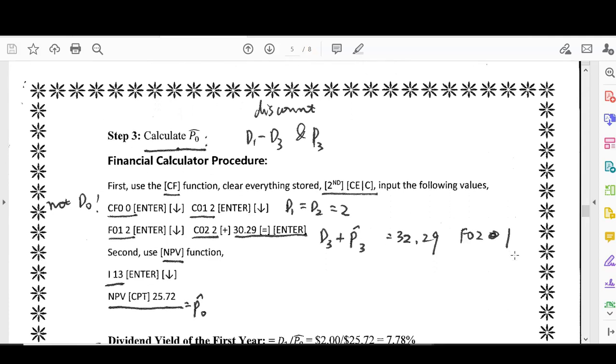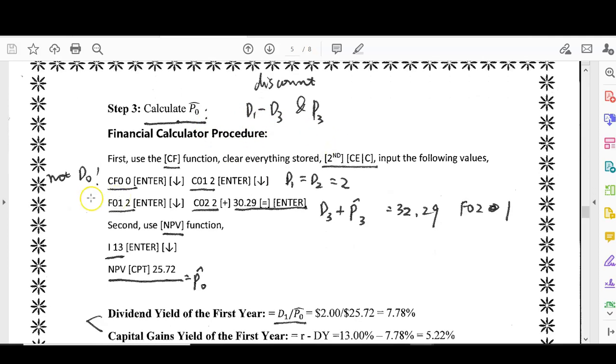Step 3, we want to calculate P0. So we discount from D1 to D3 and also P3. So we input cash flow 1 as 2, cash flow 2 as 2, I think, okay, so there are two ways.